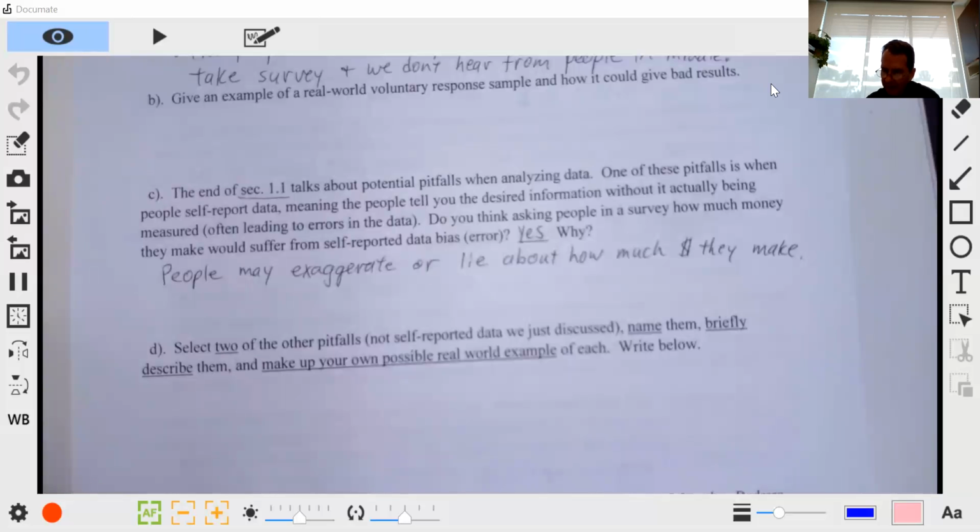And once you've completed this activity, remember to take pictures of it, turn them into PDFs, and upload them into the Chapter 1, Activity 1 assignment. And make sure you do that by tomorrow night, okay?